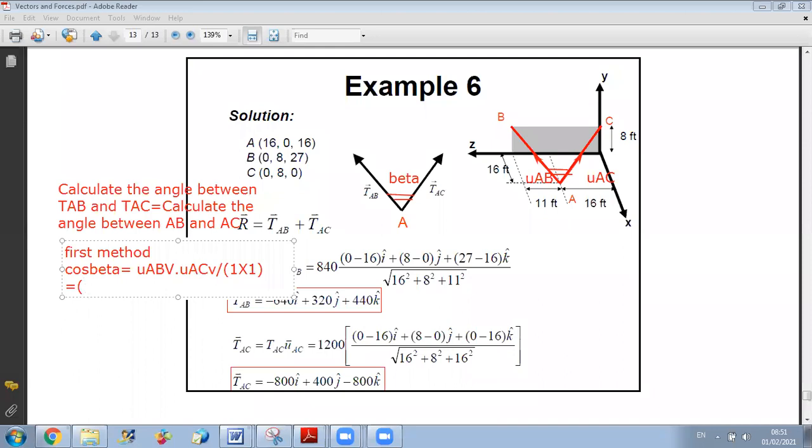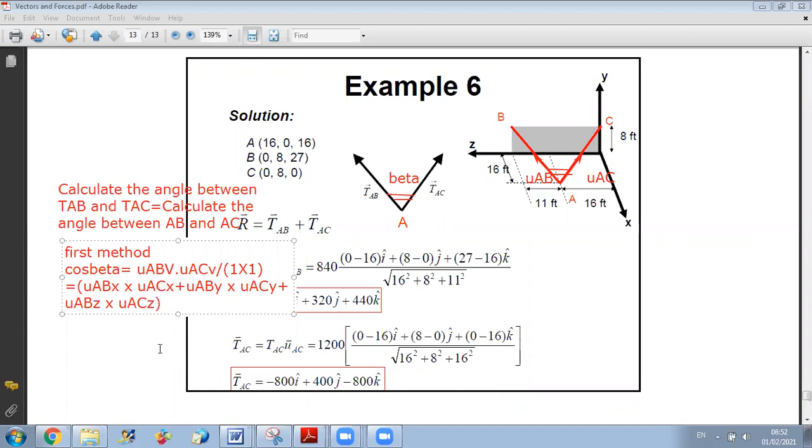I should do the component of UAB along x times the component of UAC along x, plus the component of UAB along y times the component of UAC along y, and finally plus the component of UAB along z times the component of UAC along z.